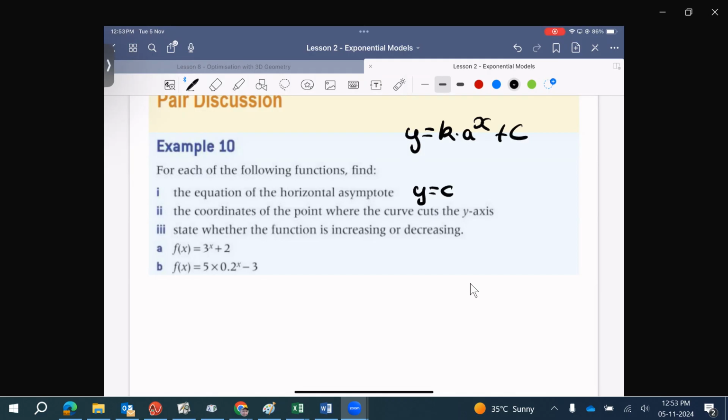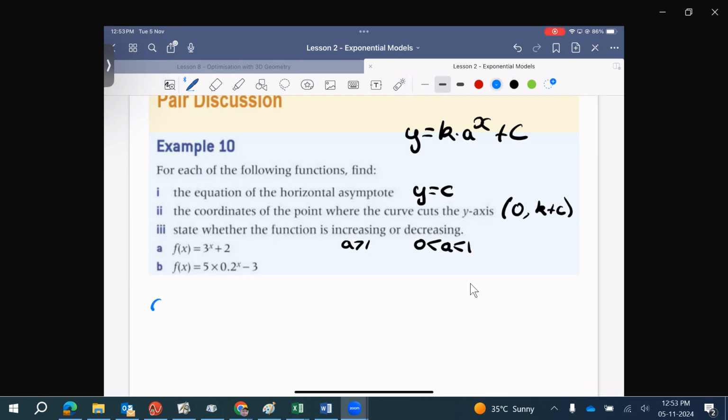The coordinates where it cuts the y-axis are going to be (0, k plus c). Increasing is when a is greater than 1, and decreasing is when a is between 0 and 1. So let's do this now.